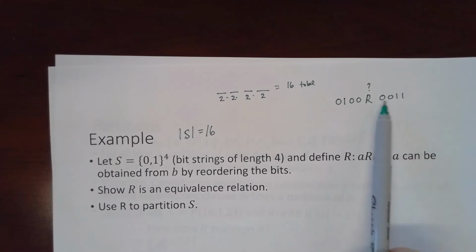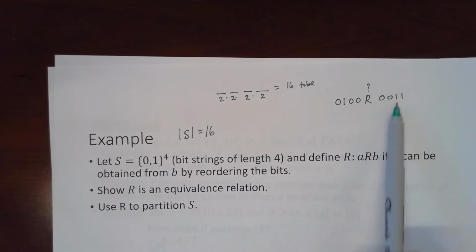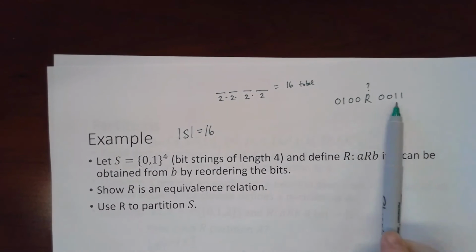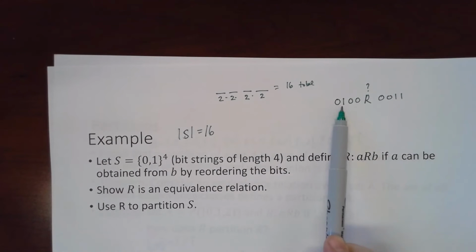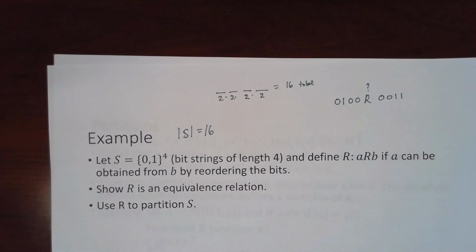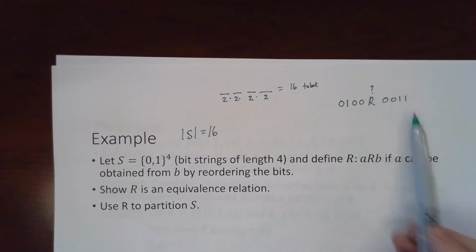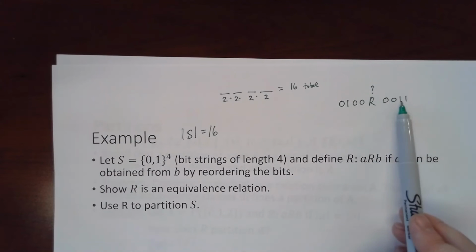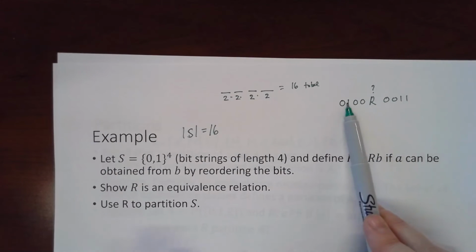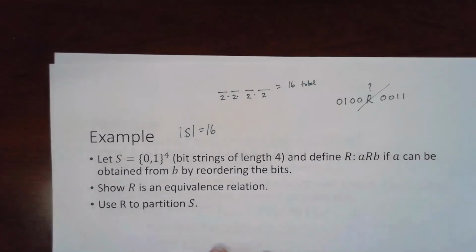Can I take the bits in this one, move them around some way, and turn it into this string? No. And how can we look at that and quickly say no? That would be impossible. This one has 2 1s and this one has 1 1. There's no way that I could reorder these and somehow turn 2 1s into 1 1. So these ones are not related.